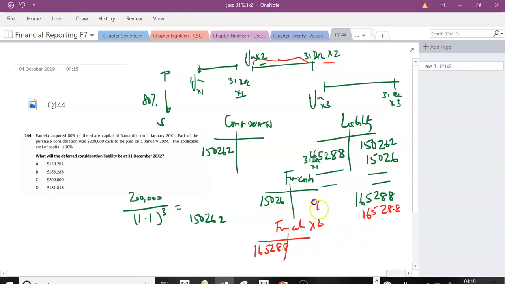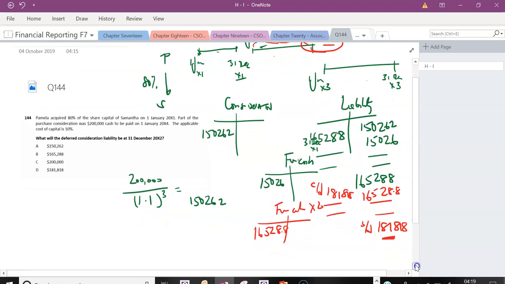And so the carry down figure at the end of the second year is these two added together. When you add these two together, you get 181,818. And your brought down figure is 181,818. So at the end, on the 31st of December, this is what your liability is.